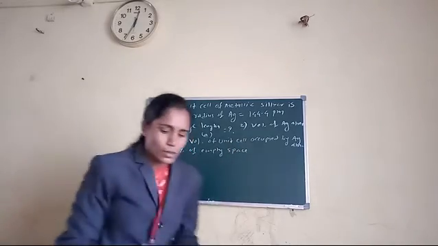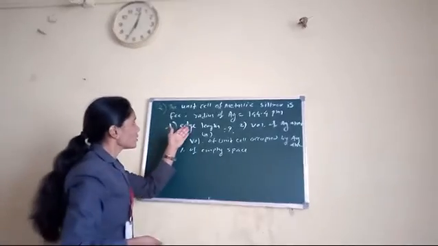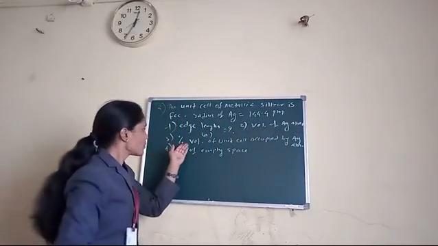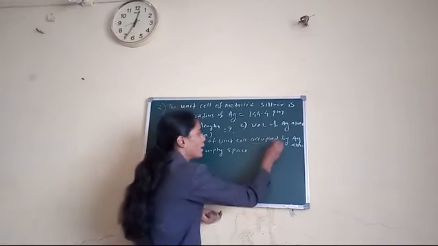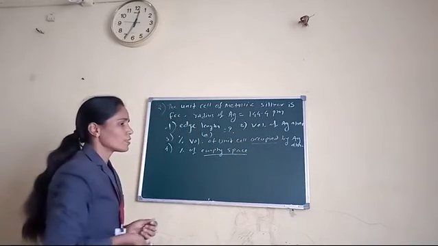In this problem we solve four things: edge length, volume of silver atom, percentage volume occupied, and percentage of empty space.